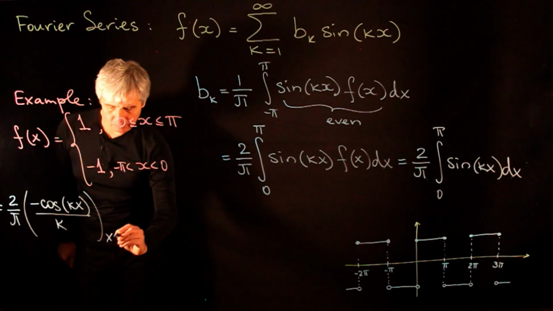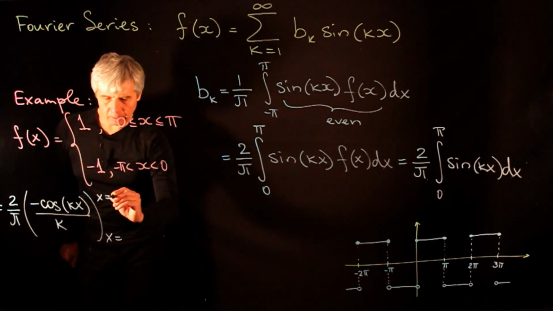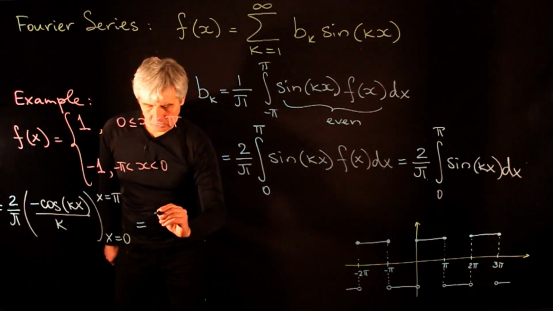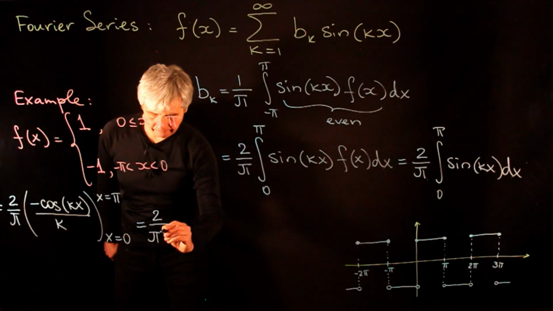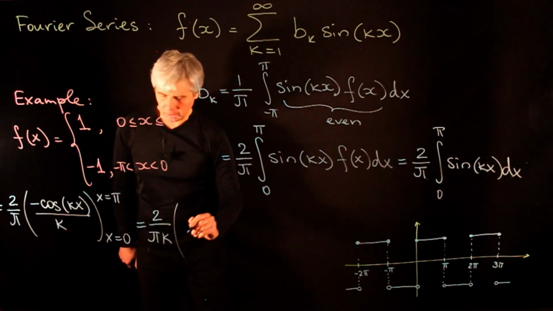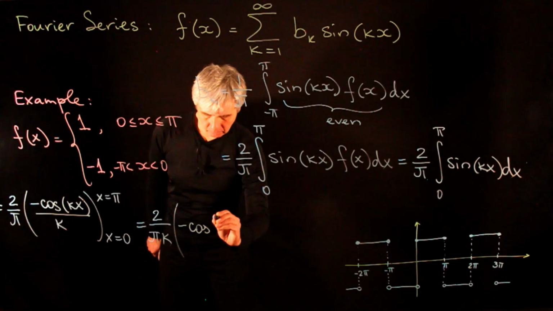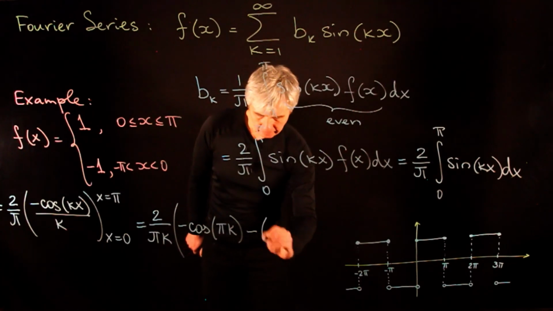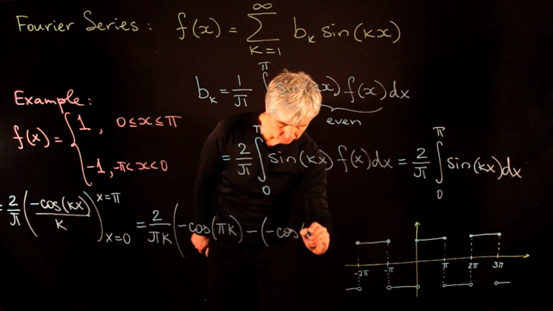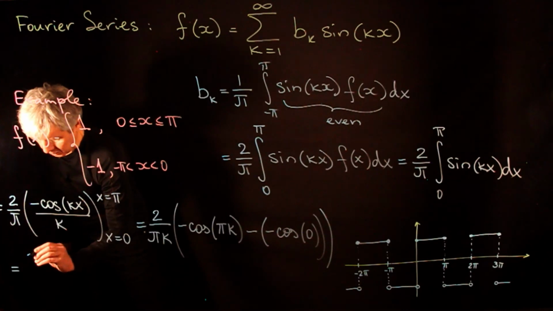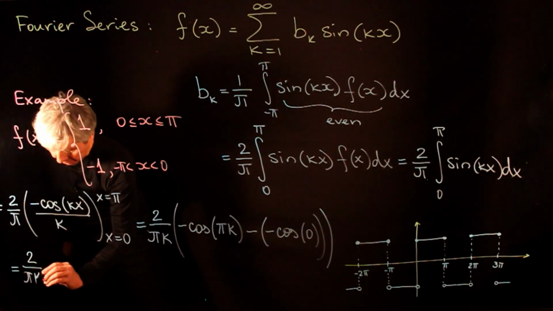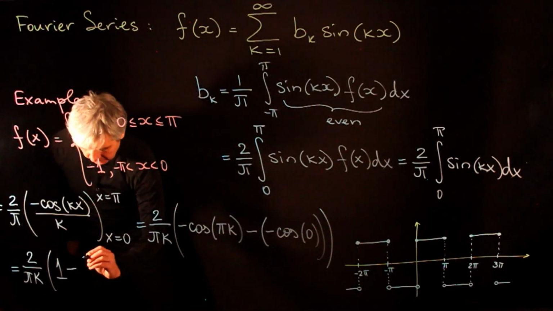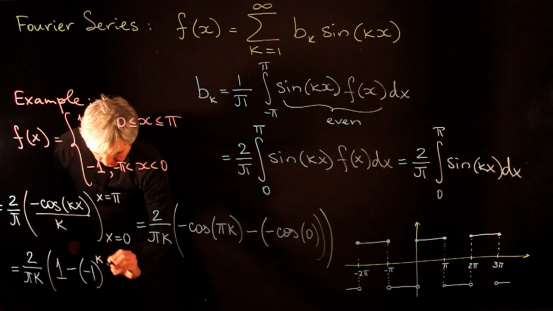And we need to take it between x equals pi and x equals 0. This gives us 2 over pi k times negative cos of pi k minus negative cos of 0. So that is 2 over pi k, and here we have 1 minus (-1) to the power of k.